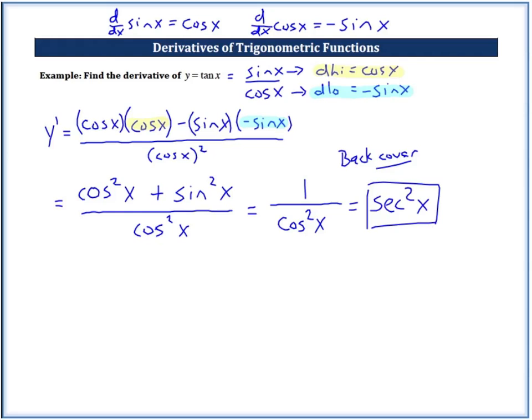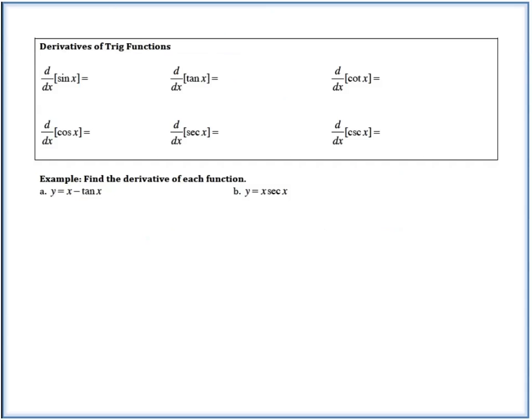Alright, let's go ahead and fill in some of our trig functions here. So again, the derivative of sine x is cosine x. Cosine x is negative sine x. Tangent x is secant squared x. Let's go ahead and do cotangent x. So remember, cotangent would be the reciprocal of this, and you actually get negative cosecant squared x.